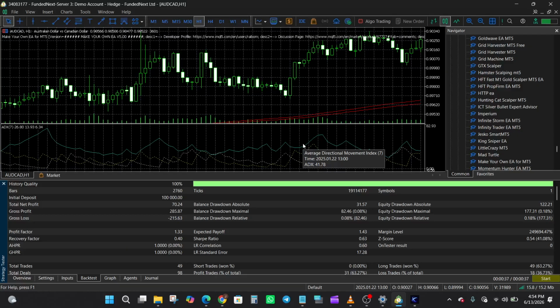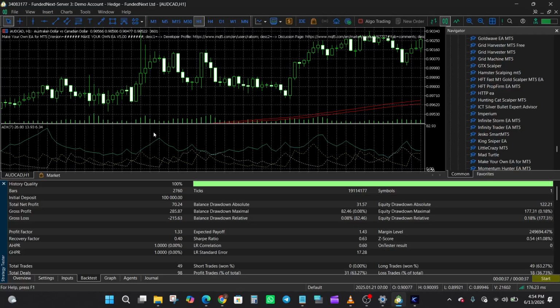Now, when reviewing any historical testing performance, I always recommend running longer term testing yourself as well. A broader testing period can provide a more complete picture of how a strategy behaves across different market environments rather than relying on a limited sample of data.